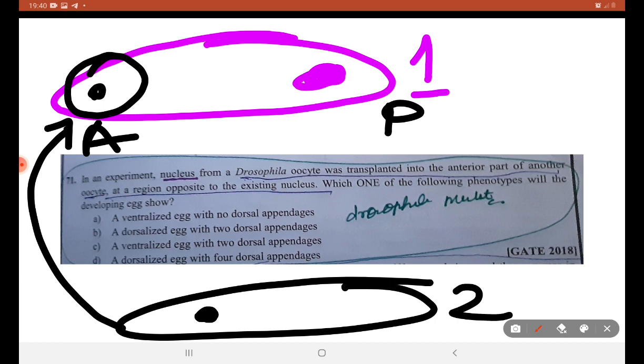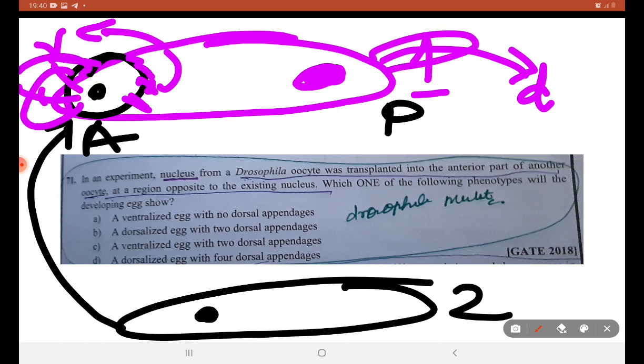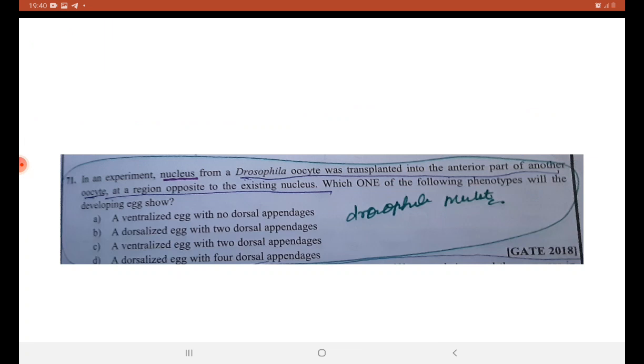Consider nucleus as here, in the region opposite to the existing nucleus. Which one of the following type will be the egg shown below? This will be the posterior, that is dorsal part of this and ventral part of this. This will induce it to form ventral side here and dorsal side here. So we will be having 4 dorsal appendages.